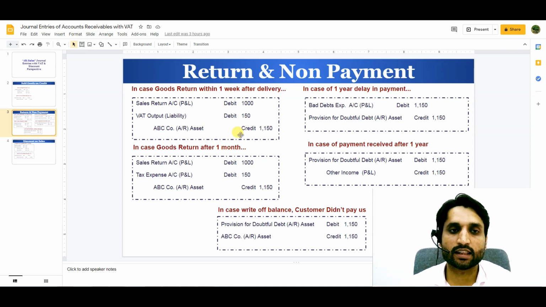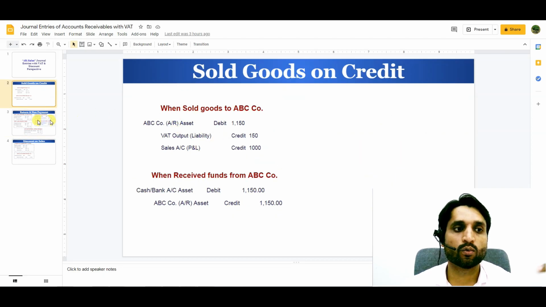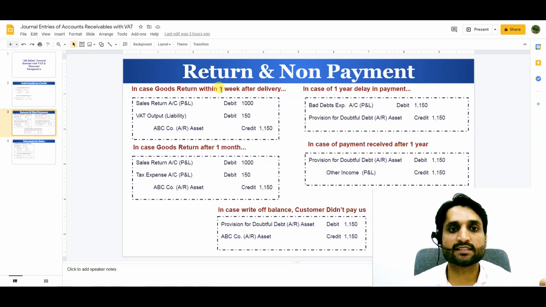When they return the goods, the sales return account in profit and loss will be debited by 1000 because we made a sale of 1000, and value added tax output liability will be debited 150, and ABC company account receivable asset will be credited 1150. All the entries we made earlier when making the sales will be reversed, because it is a 1 week duration, and we can reverse them as VAT output and sales return. This is the reversal entry.